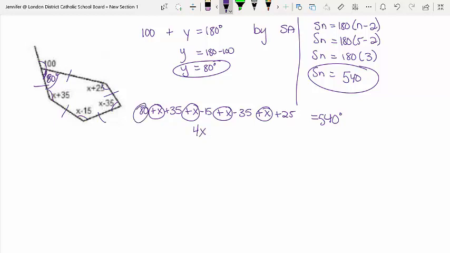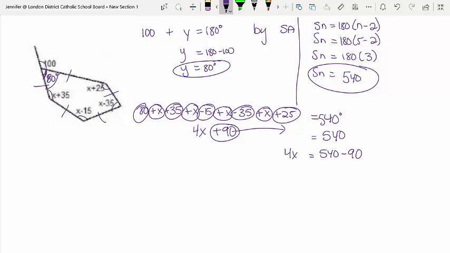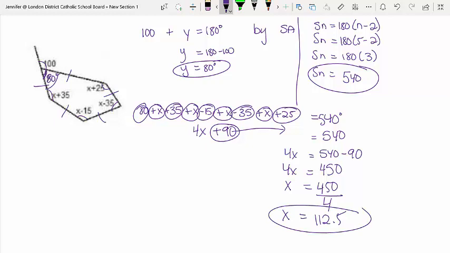And then I have 80 plus 35 minus 15 minus 35 plus 25, which is 90. And now I'm going to isolate for x. I'm going to bring the 90 to the other side and subtract it. So x equals 112.5.